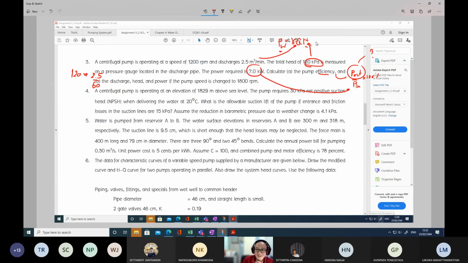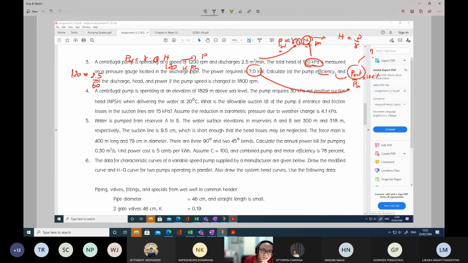H is given in meters, not kilopascal. The head is equal to P divided by gamma, so in fact power is equal to gamma Q H. H is given as 120 kilopascal, so this one is actually P, so you have to divide it by gamma.